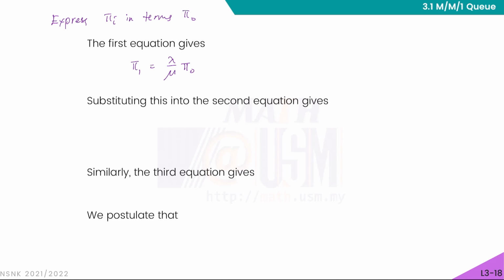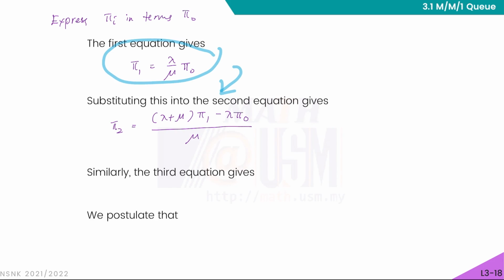Then from our second equation we have pi 2 equals lambda plus mu, times pi 1, minus lambda pi naught, all over mu. Substituting pi 1 into here, you have lambda plus mu times lambda over mu pi naught, minus lambda pi naught, over mu. Simplifying this, you should be able to get lambda over mu squared times pi naught.